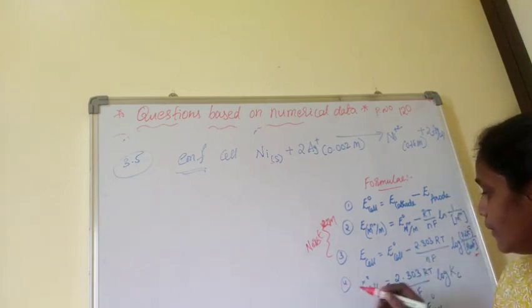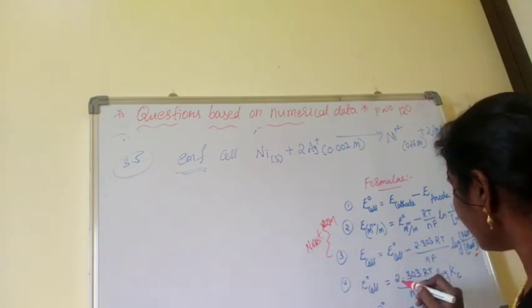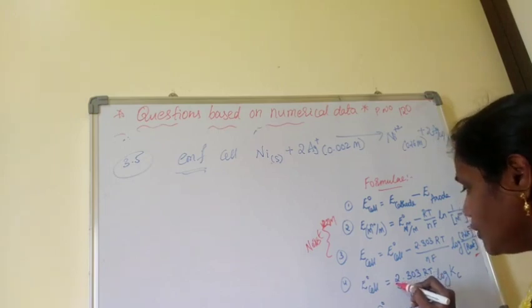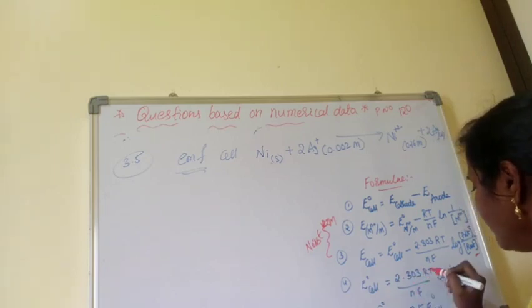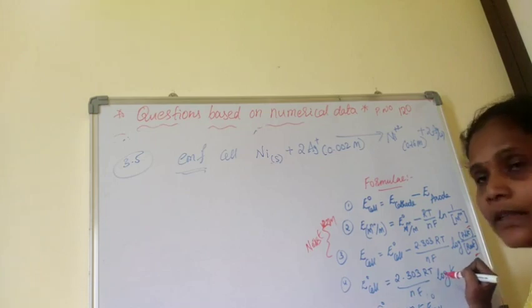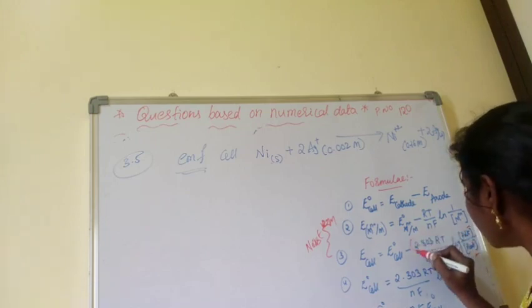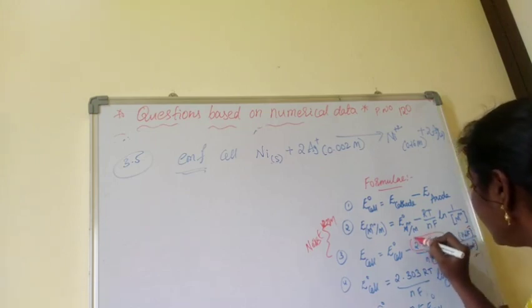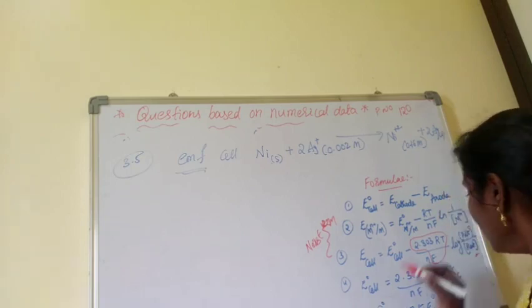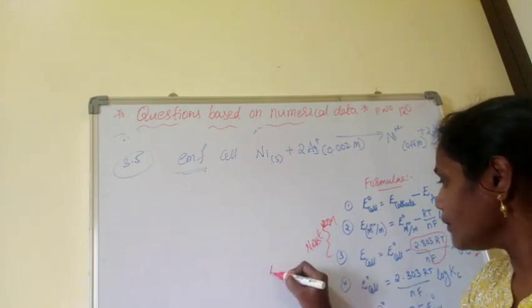Okay. The next one: E naught of the cell is also equal to, positive, 2.303 RT by NF log Kc. Actually, if I substitute these values at temperature 298 Kelvin, I will also get another formula. What is that?